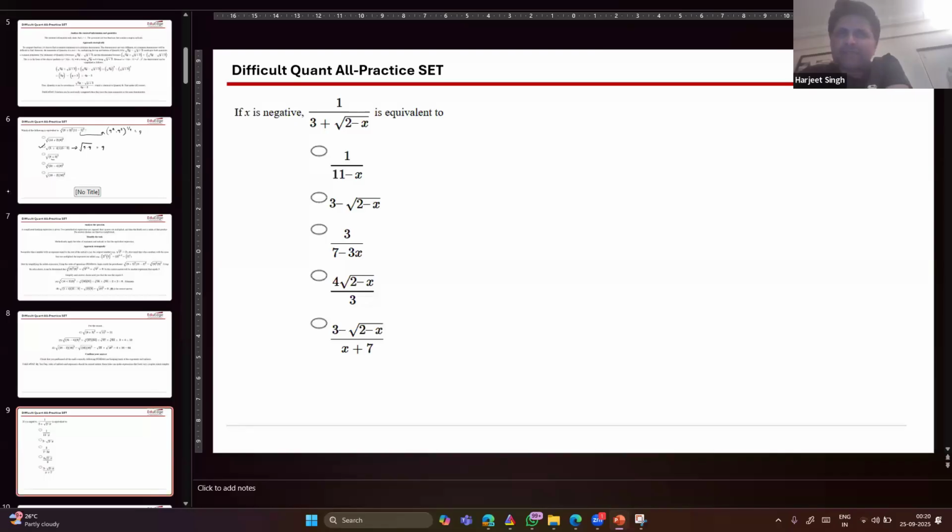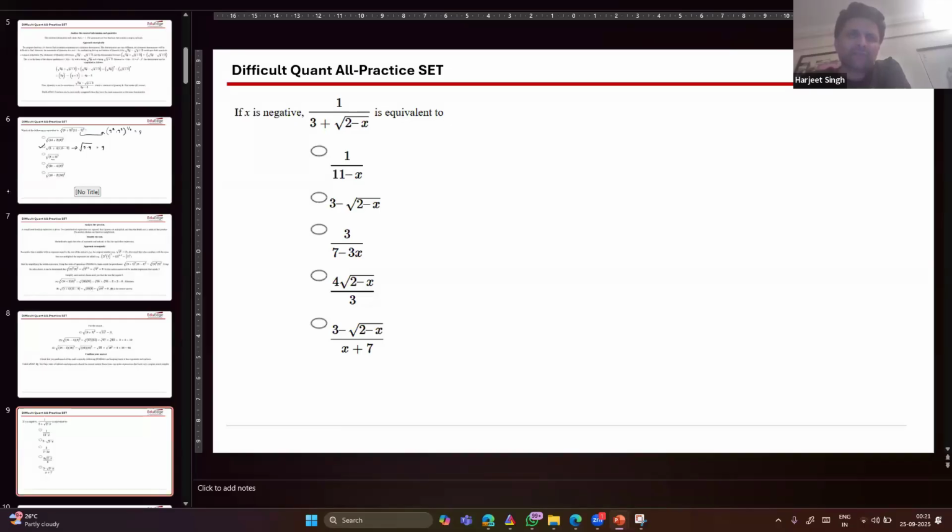Why would it be A? Because if you simplify the denominator... Okay, can you solve it? It can't be A because when you multiply it by the complement, it's 3 minus root of 2 minus x, which will go in both the denominator and numerator.